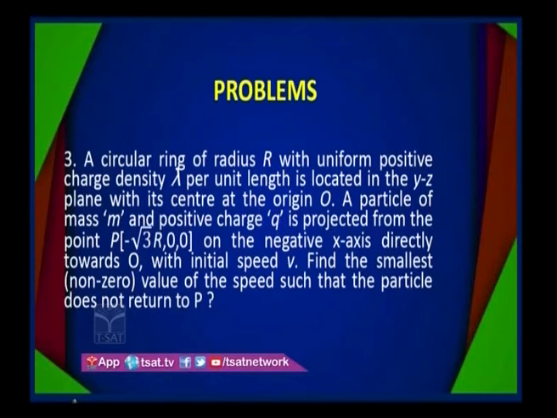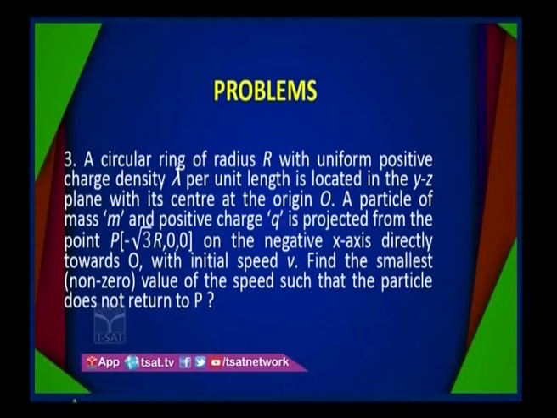A particle of mass m and positive charge q is projected from the point minus root 3 r, 0, 0 on the negative x-axis direction. Find the value of the speed such that the particle does not return to P.